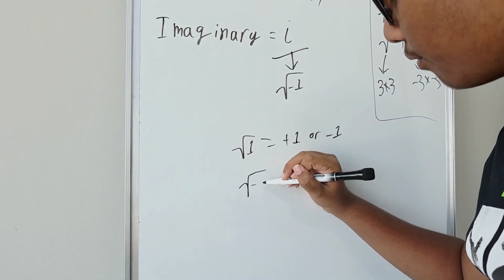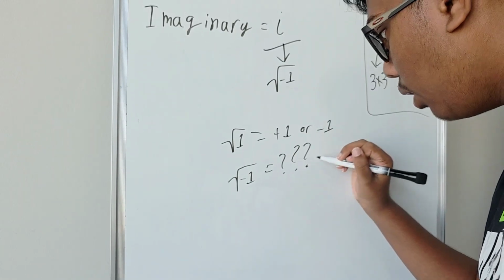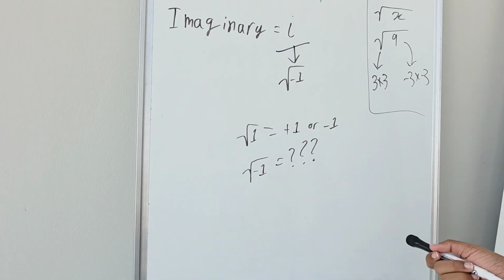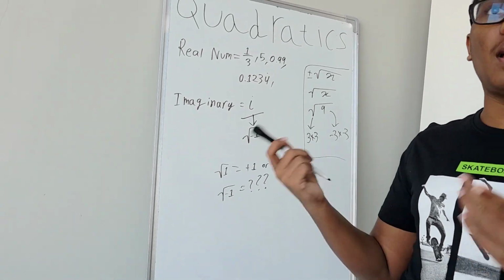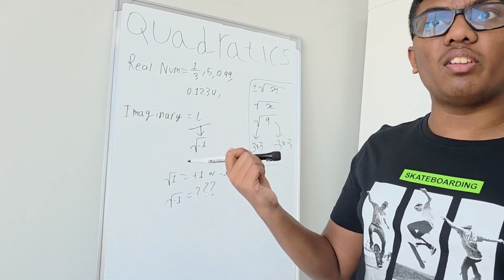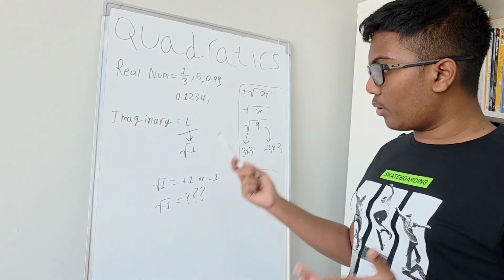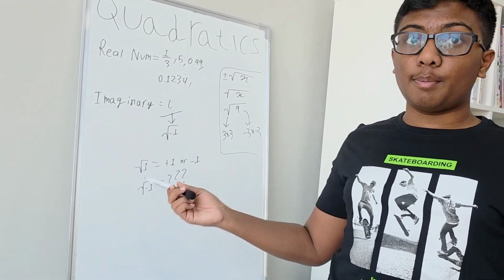But the square root of minus 1 is equal to, well, we don't know. Why? Because minus 1 is only either formed by plus 1 times minus 1 or minus 1 times plus 1. But, of course, the rules of square rooting say that square roots can be applied to any specific value.